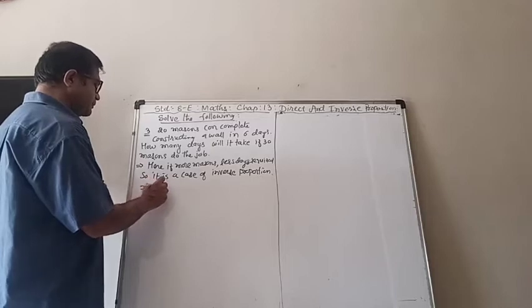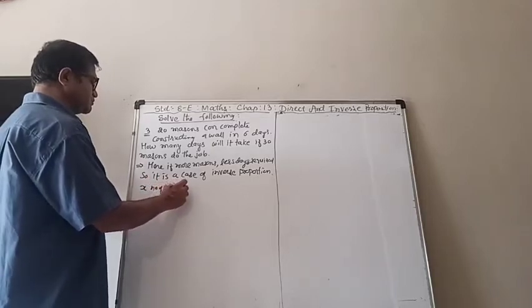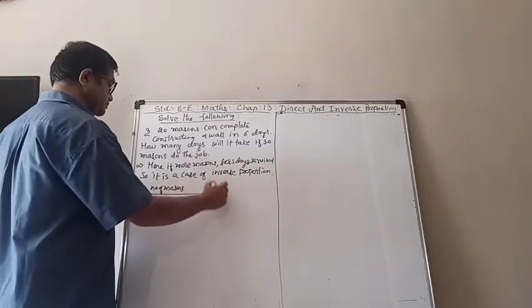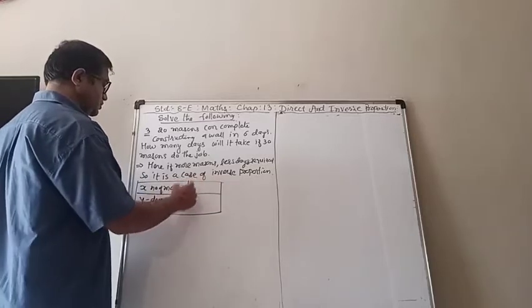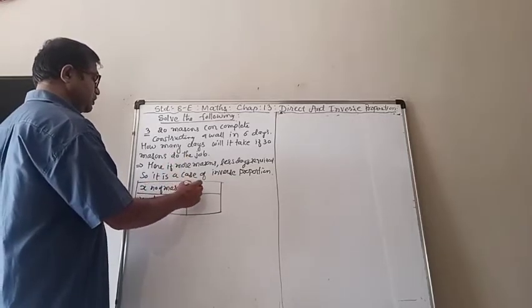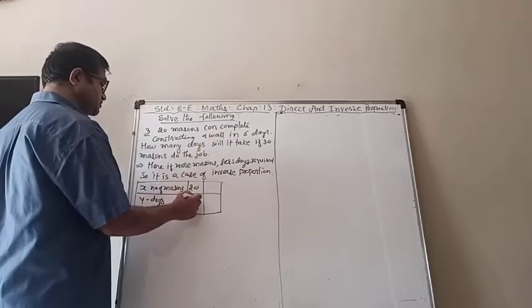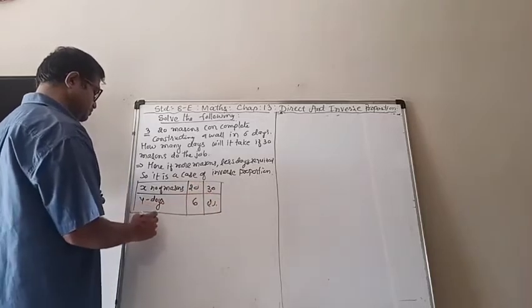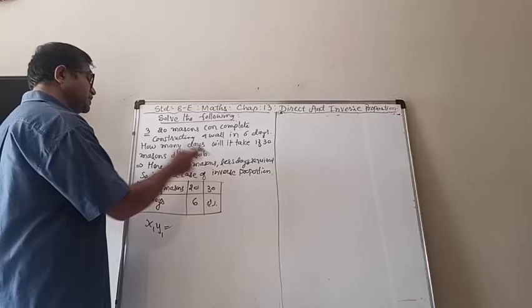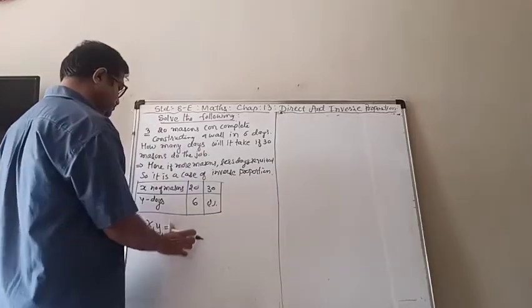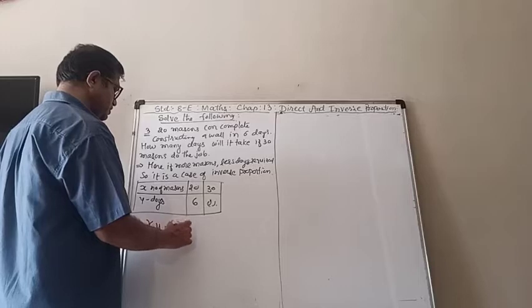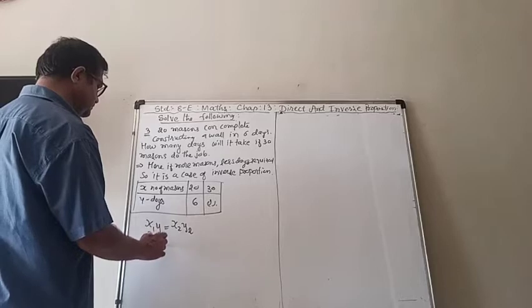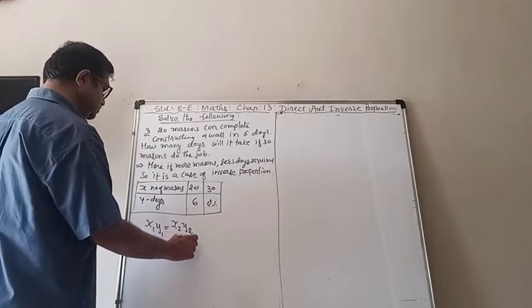So X is number of masons and Y is days. Now 20 masons, 6 days. 30 masons, how many days? As it is inverse proportion, x1 y1 is equal to x2 y2. So 20 into 6 is equal to 30 into y2.